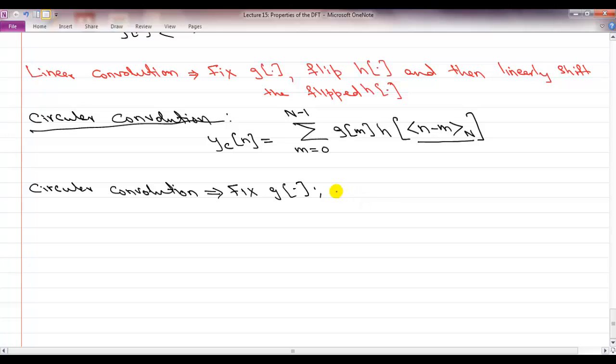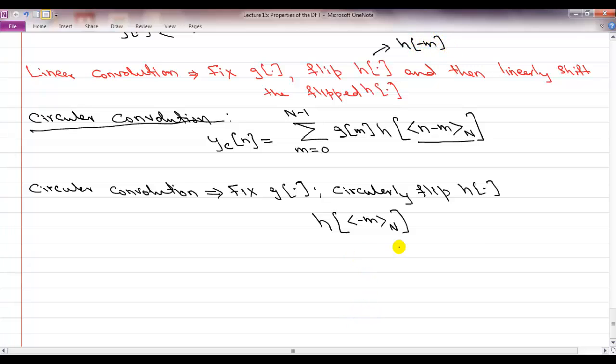In the circular world, we'll say circularly flip h. What does circular flip mean? We'll look explicitly at what it looks like, whereas a simple flip is h of minus m.